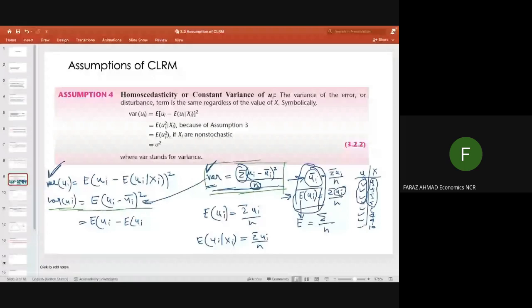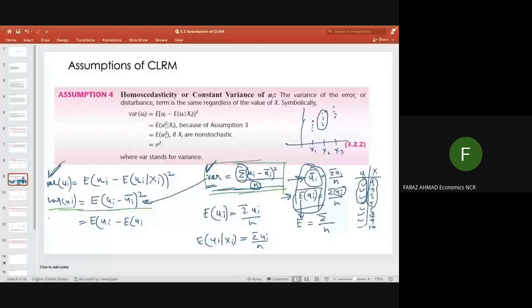And because not all u's are taken here, because we are talking about fixed x and given x for calculating the variance. So I'm going to calculate variance for a given value of x, for example, x2. So I'll take the variance of these u values only, right? So that's the conditional mean. So it doesn't make any difference.